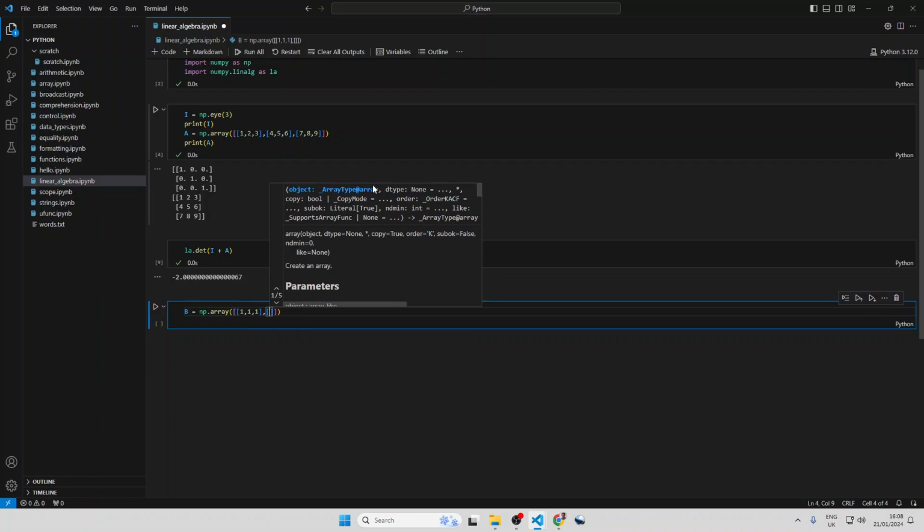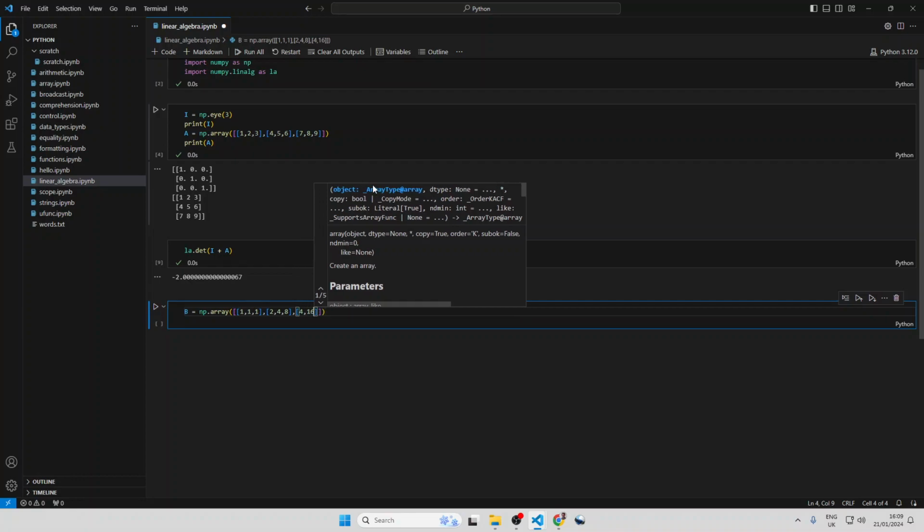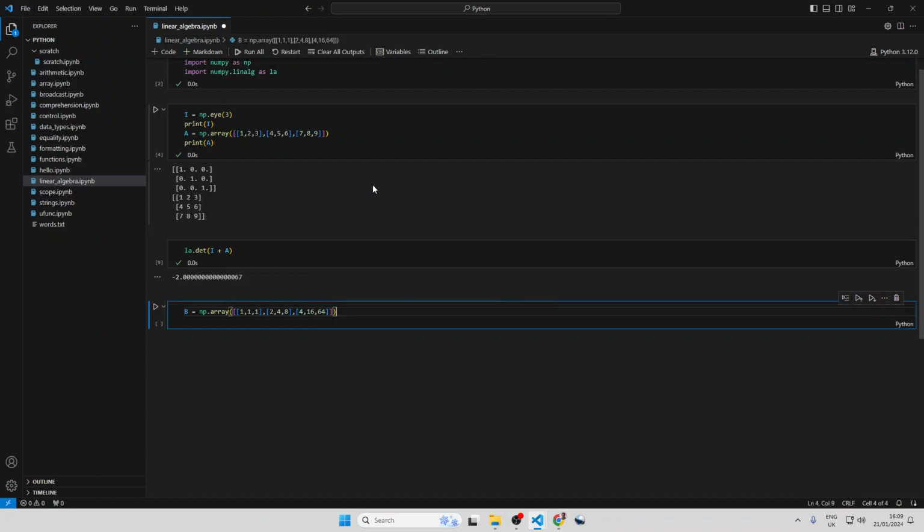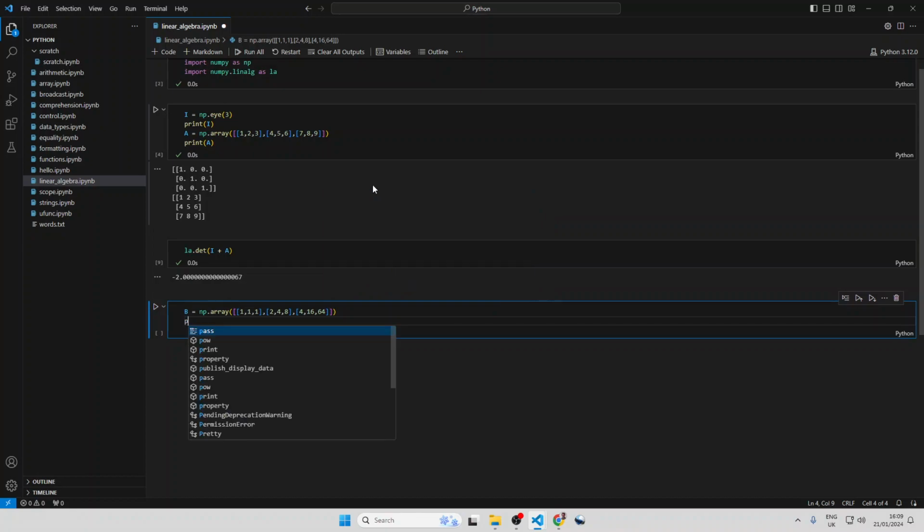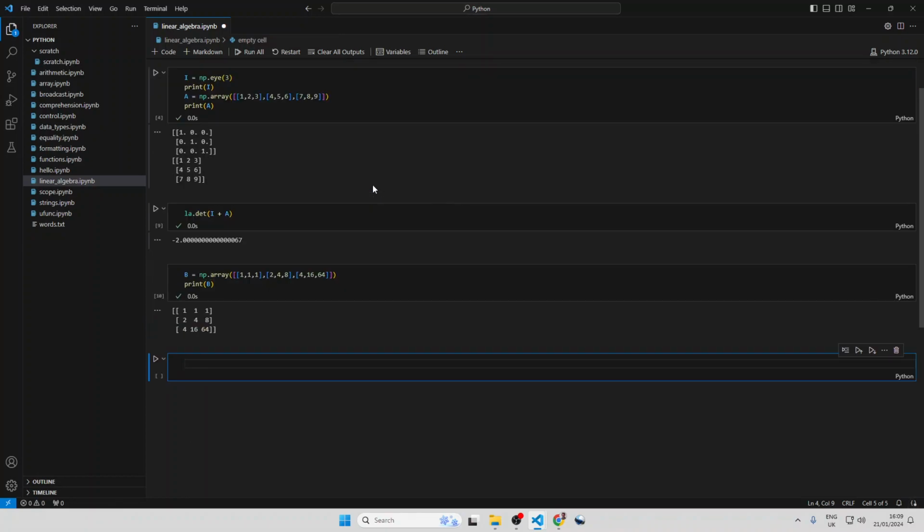Then the second row is going to be 2, 4, 8. And the third row is going to be 4, 16, 64. So that's a matrix here.